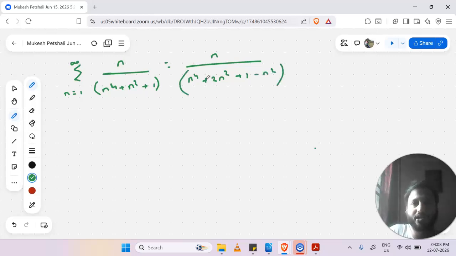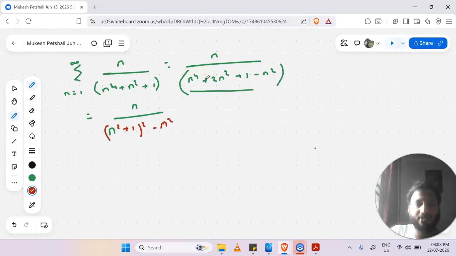Why am I doing it? Because it gives me n^2 plus 1 whole square minus n^2, with the summation from 1 to infinity over there. Now if you have a look at it, it is giving me something sensible, right?